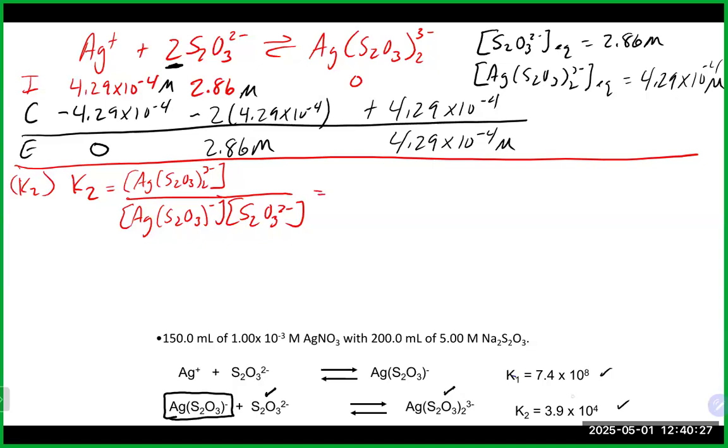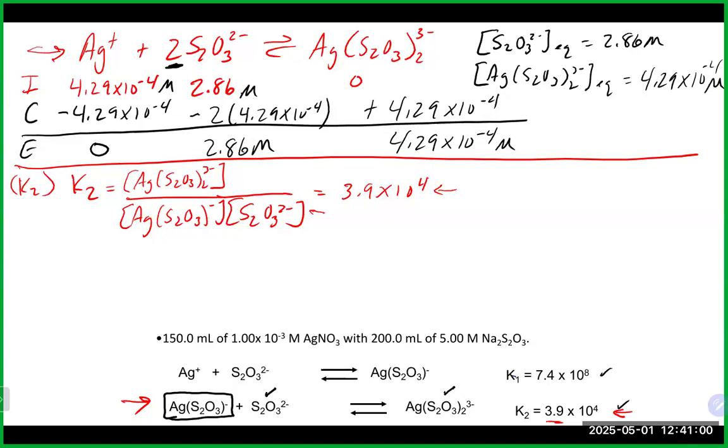And that's going to equal my K2 value of 3.9 times 10 to the 4th. Now you may be asking, how come I did not square that one? I did not square that one because I am not doing this reaction, I am doing this reaction. That is also why I use this K value, which goes with this reaction, and not the overall K value.